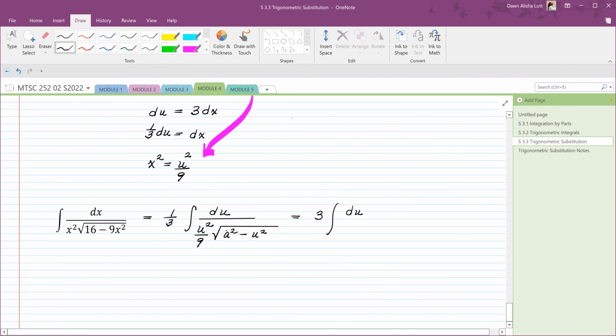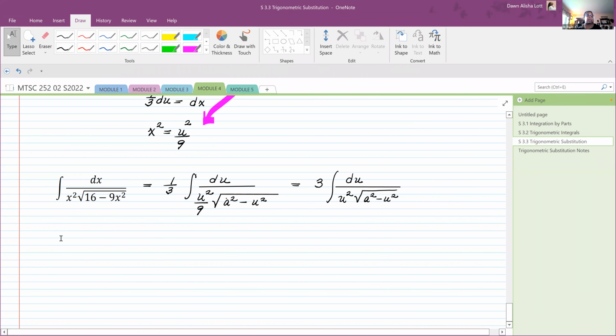Awesome. So that's the new integral. If we can solve this new integral and then put everything back in, we're good.